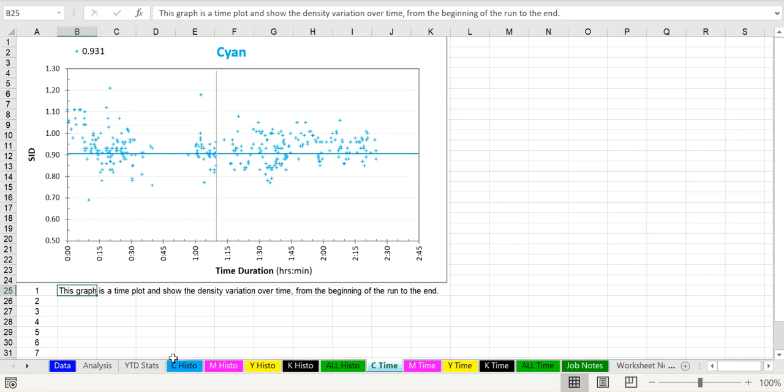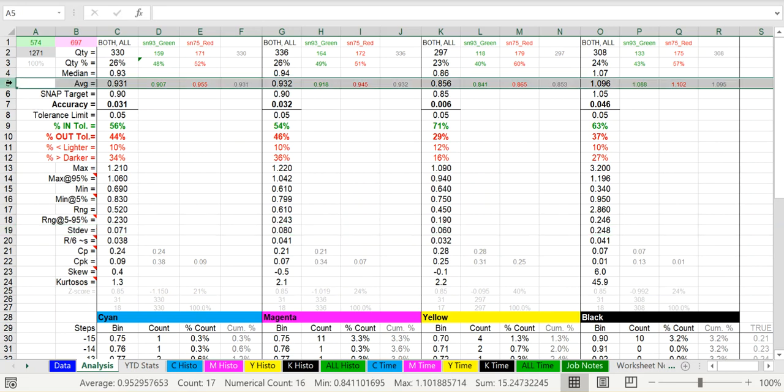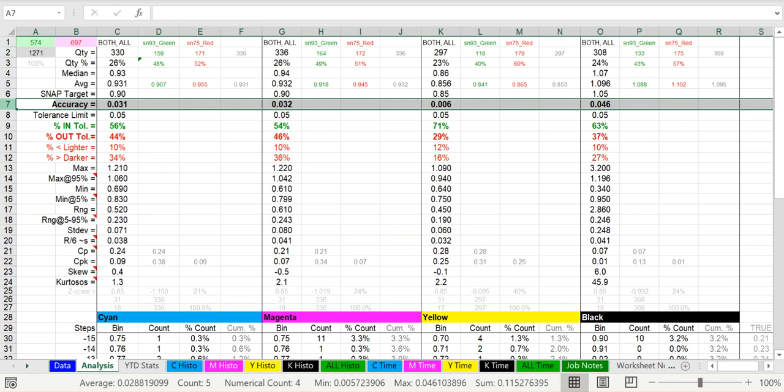All right, and again, if we wanted to, we could take a look at the actual data here, and we could take a look at the standard deviations. So for each color here, we can calculate the average, see how close it comes to the target. The difference between those would be the accuracy.